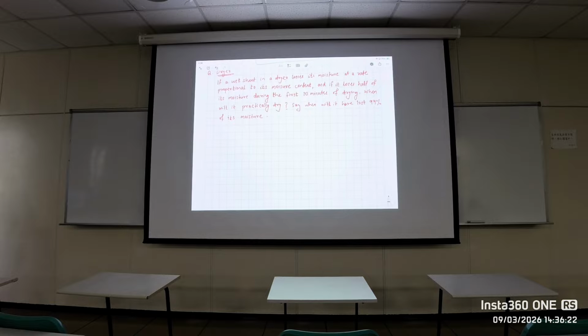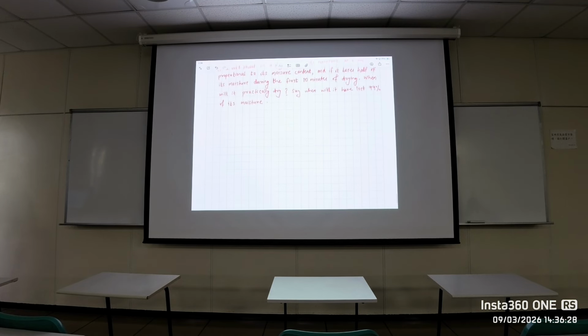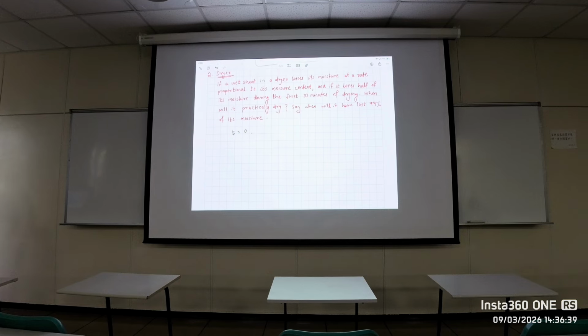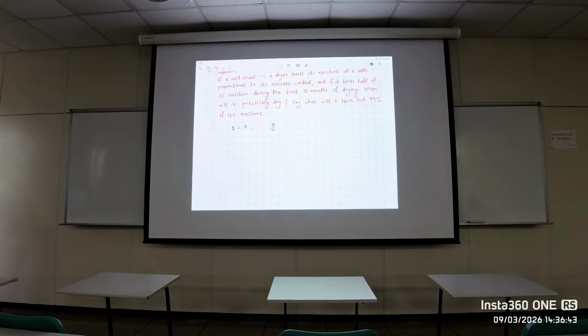So if I try to write it in this way, it is mentioning a time t0. When time t is equal to 0, moisture in your wet sheet, let's say y is equal to y0.